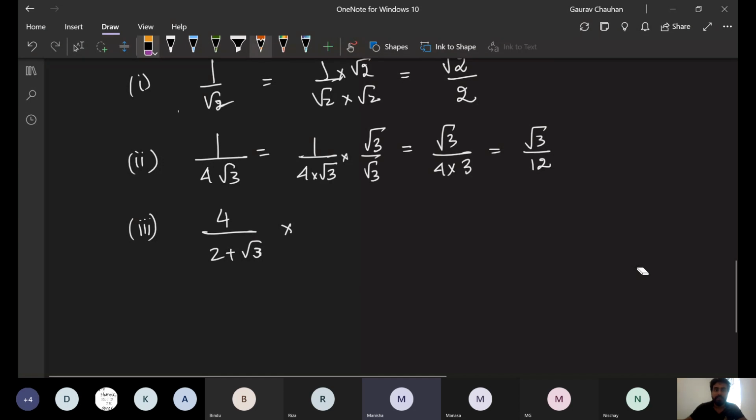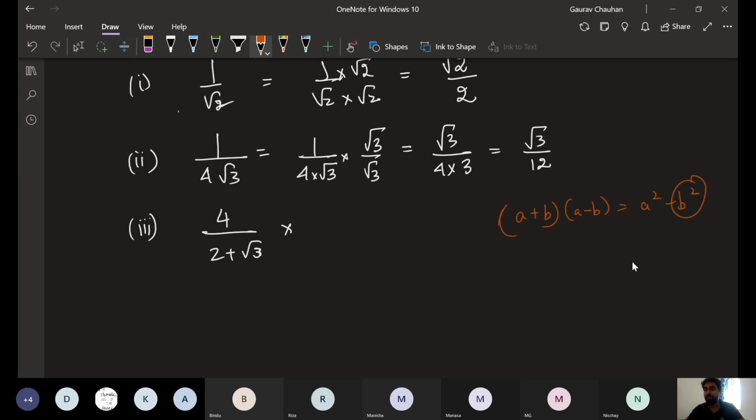Perfect, Manisha. A plus b into a minus b gives a square minus b square. So you see here b is root 3. It will become square, and there is no simple b term here, so root 3 will not remain. That's the logic I'm going to use.